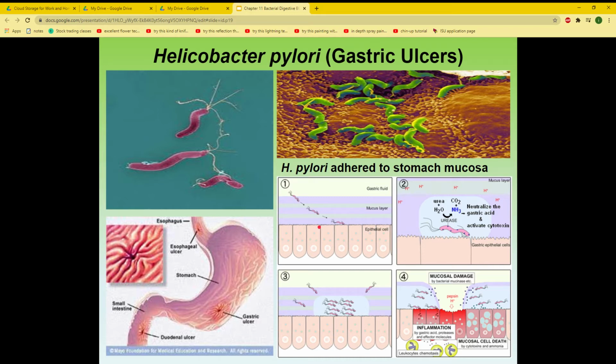But it turns out that this bacterium can adhere to the mucosal lining of the stomach and begins to generate cytotoxic activities that create inflammation. You end up essentially dissolving the mucosa, the lining of the stomach that prevents the acids from getting into the cells and eating them up and giving you an ulcer.